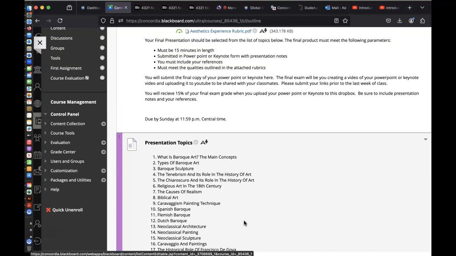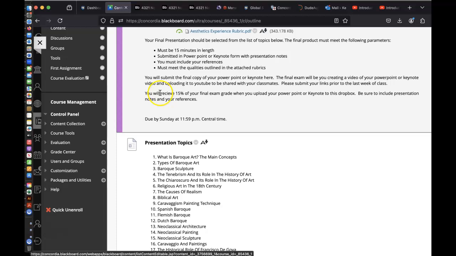Your presentation topic, you will need to do 20 slides. Now your presentation should not be on a Google Docs. It should not be a PDF slide. It needs to be a PowerPoint, or it needs to be a keynote.